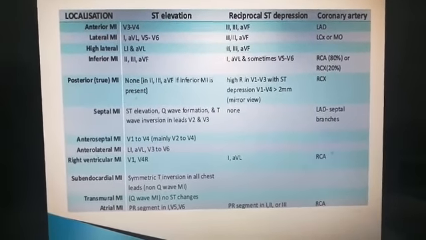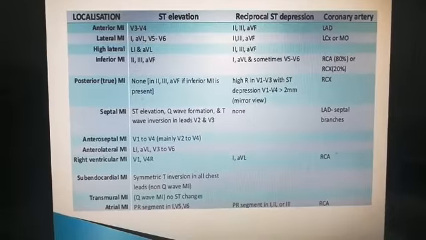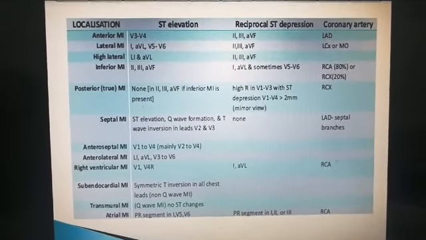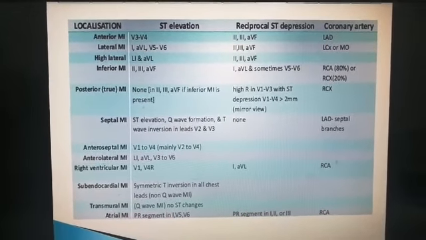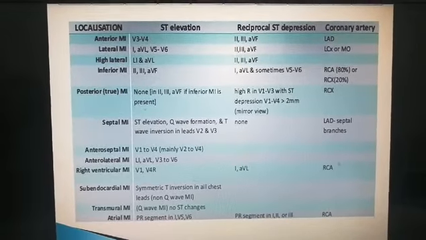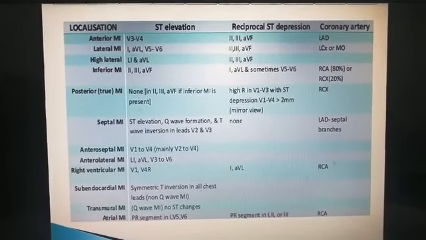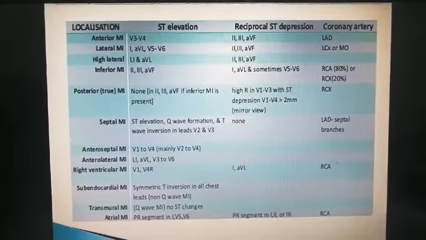So you should focus on the ST elevation changes during each type of MI and which coronary artery is involved. Leave the reciprocal ST depression at your level.